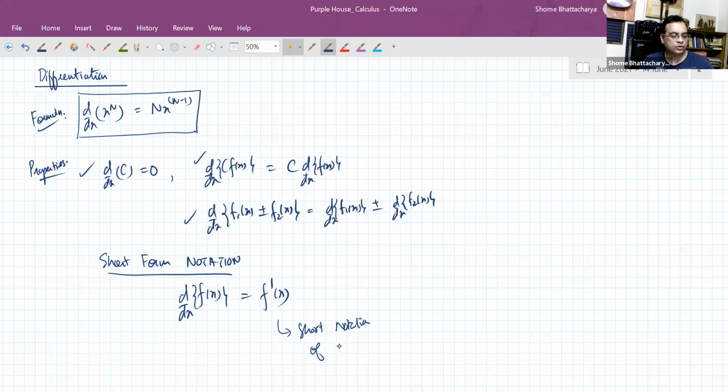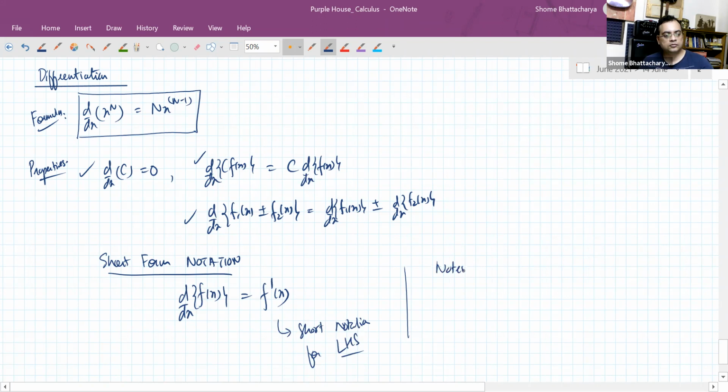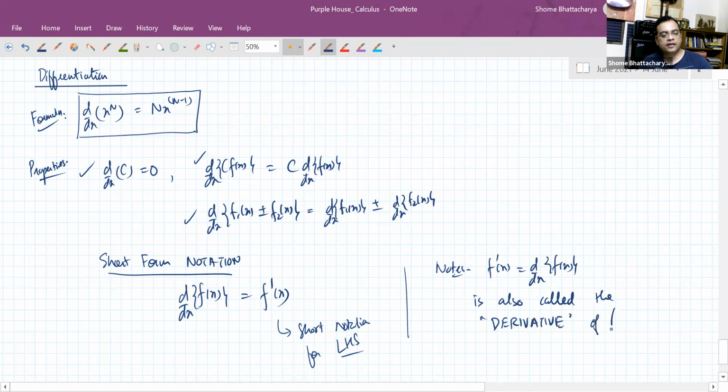And it is also given a special name. f prime x, which is the rate of change of fx, is also called the derivative of fx.